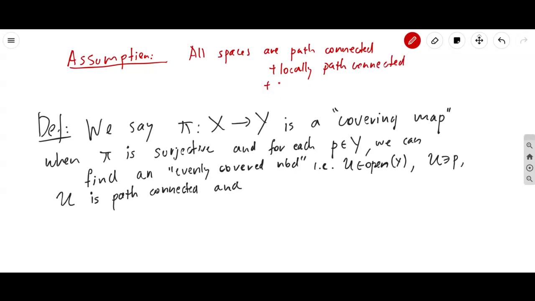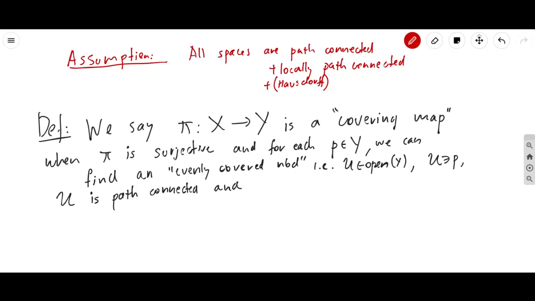And in fact, maybe at some point we'll even assume that we have things that are Hausdorff.